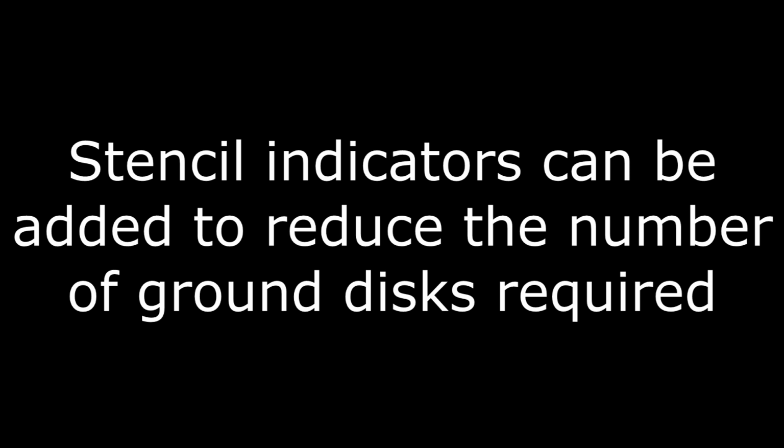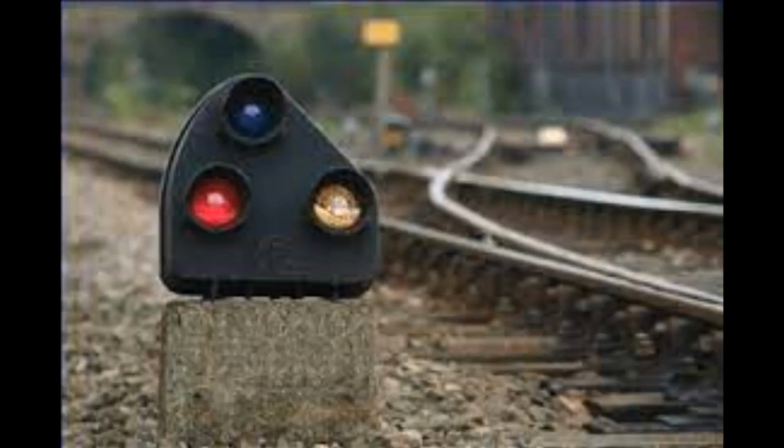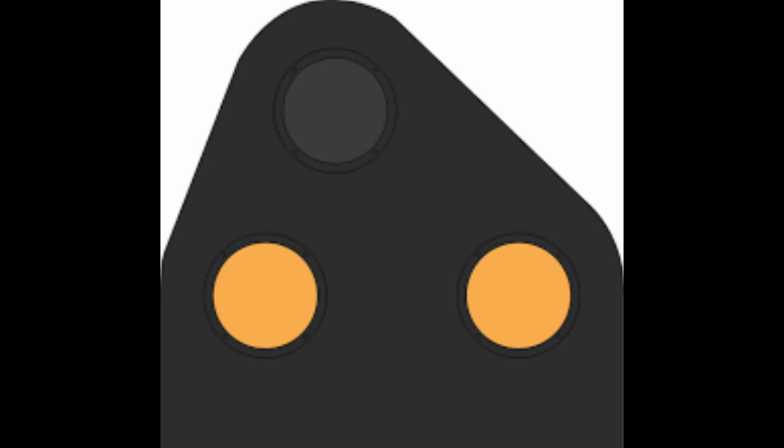Just like we have semaphore signals and colour light signals for our main aspects, so we also have colour light versions of the shunting signals. These are known as position lights. Originally we had two lights that were side by side.